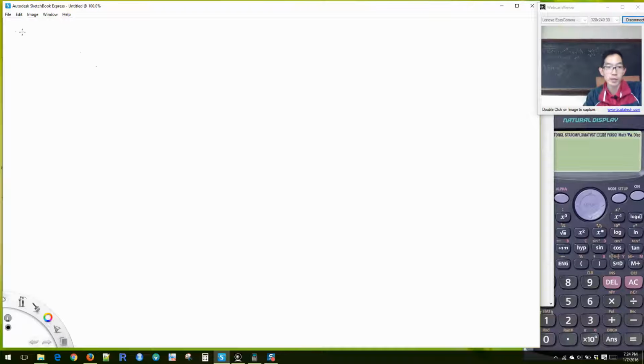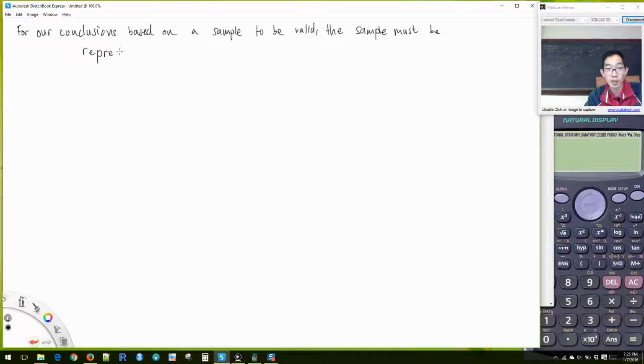All right, so for conclusions based on a sample to be valid, the sample must be representative of the population.